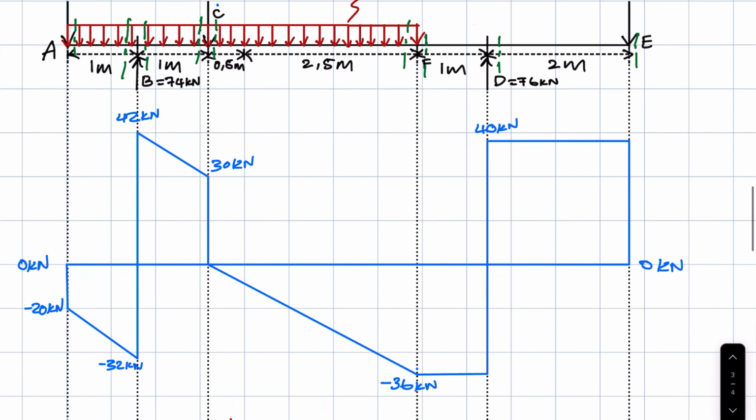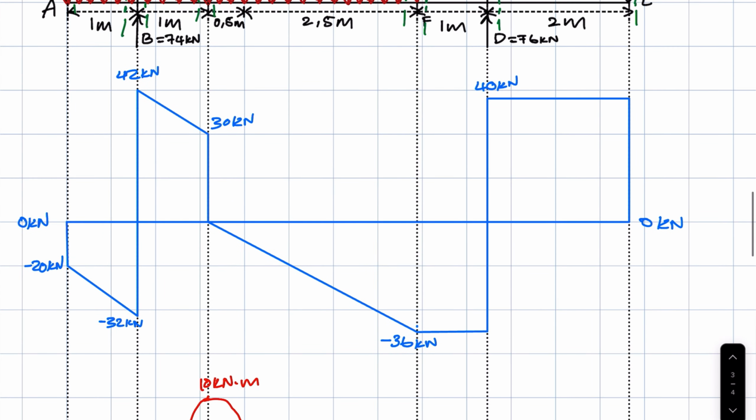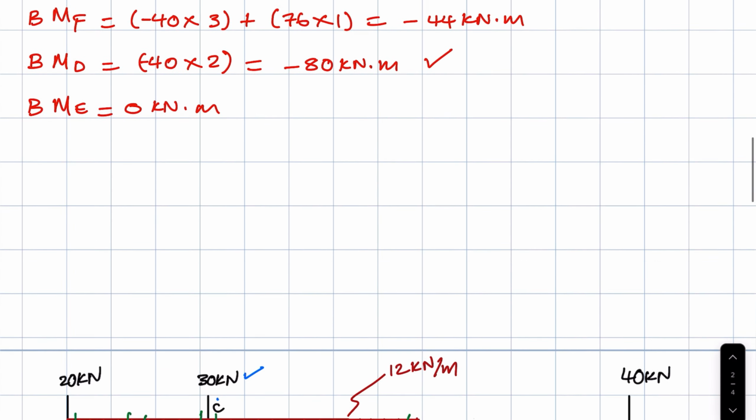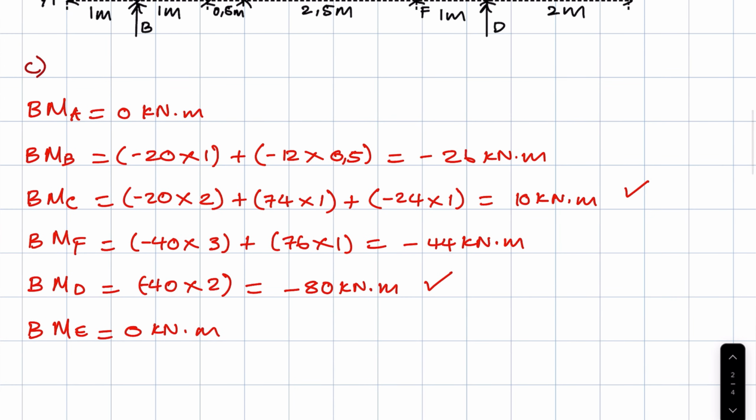Now, we had already established that maximum bending is going to take place at either point C or point D, depending on which of the points has the greater magnitude in terms of bending moment calculations. And that point is point C.